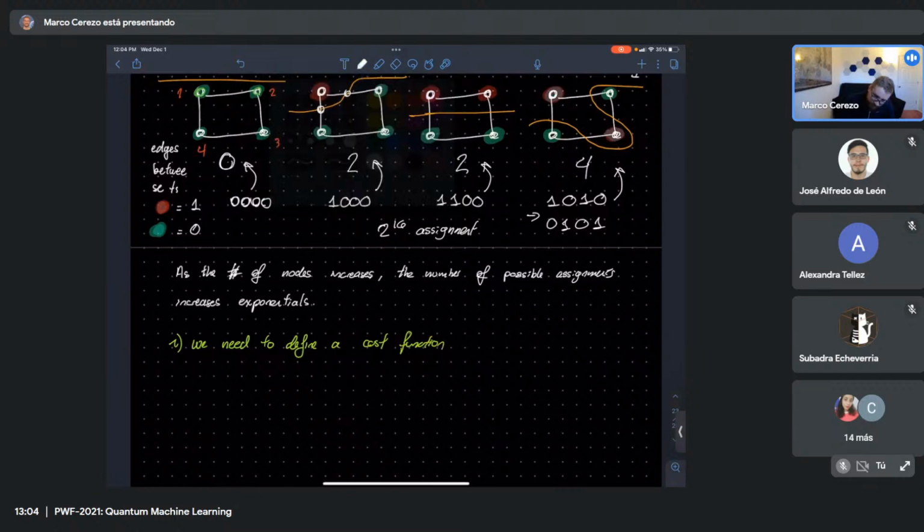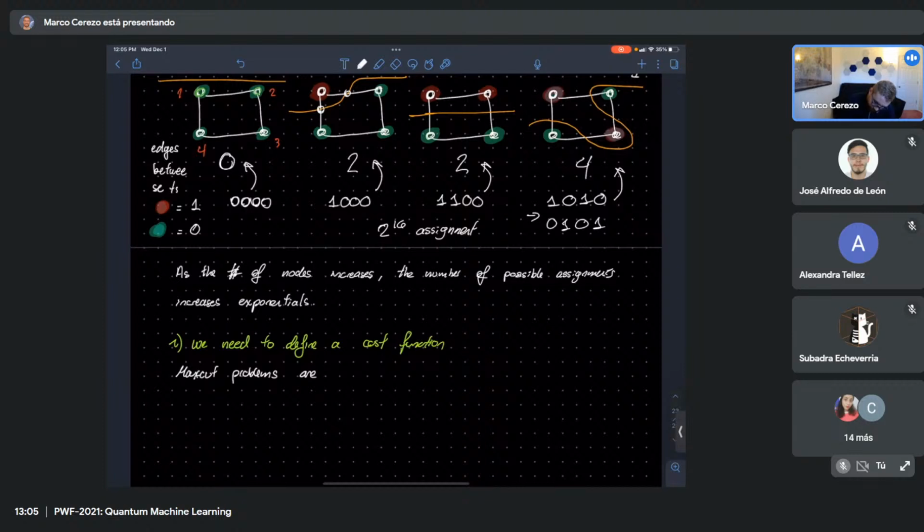In general, max cut problems are defined, as we said, in terms of a given graph. Because it's not just defined by the number of nodes, it's also defined by which node is connected to which other node.